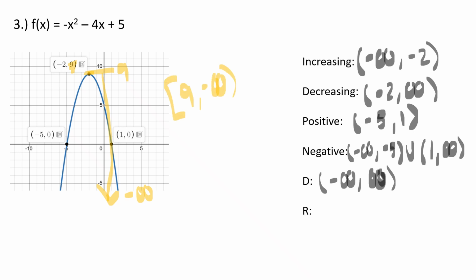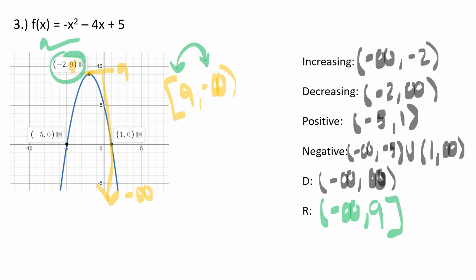If you did, make the correction, okay? That has got to be switched. So you're going to start at -infinity and then stop at 9. It is a closed interval because the 9 is included. How do I know 9 is included? Well, if I plug in a -2 for my x, I get a 9 out.